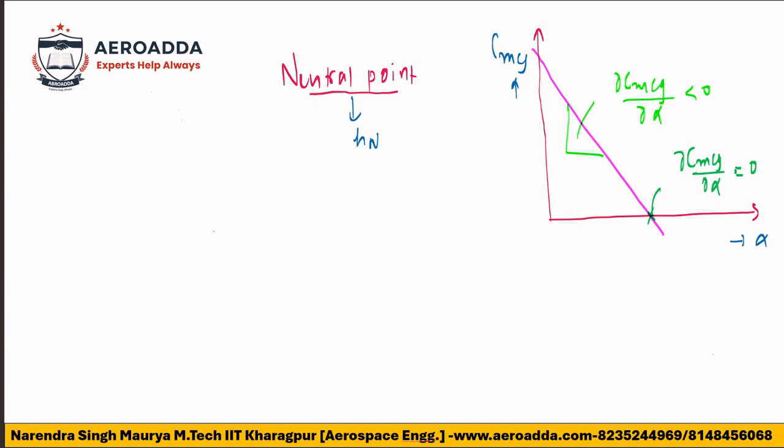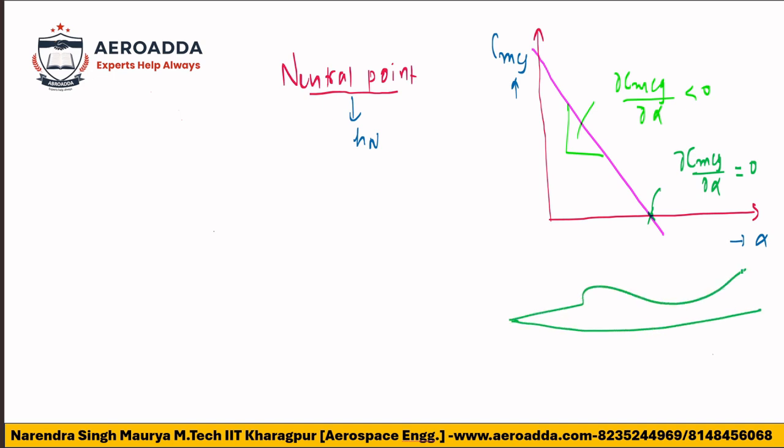What is the meaning of it? Simple. The pitching moment coefficient about CG will be constant at that time. Then only if you differentiate with angle of attack does it become zero. Try to connect it.